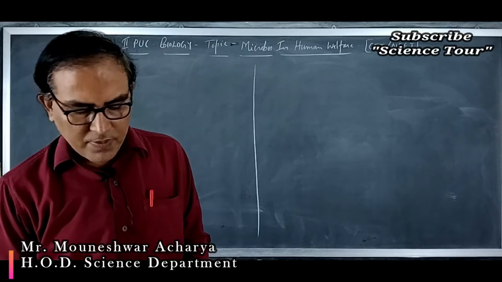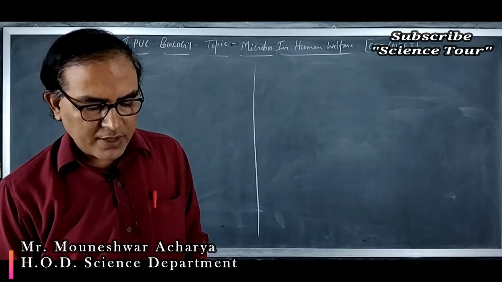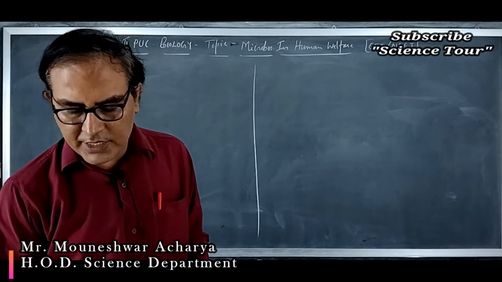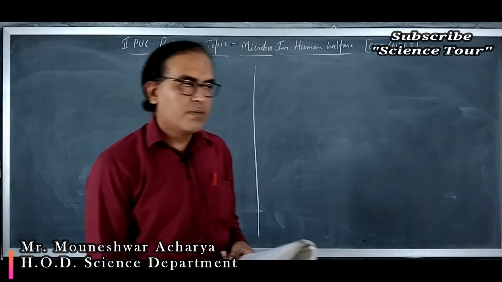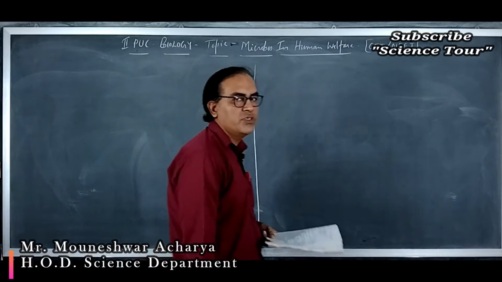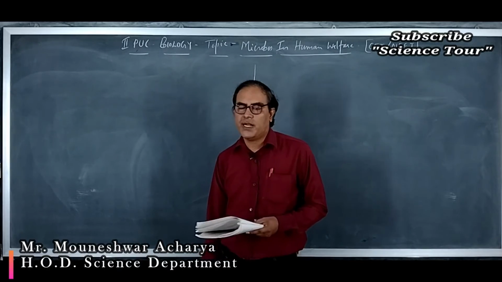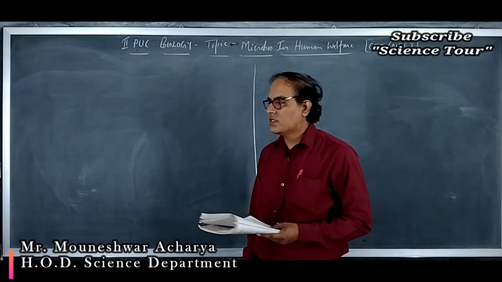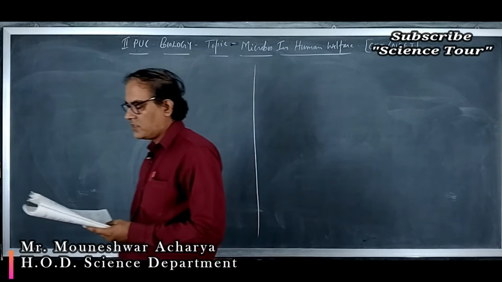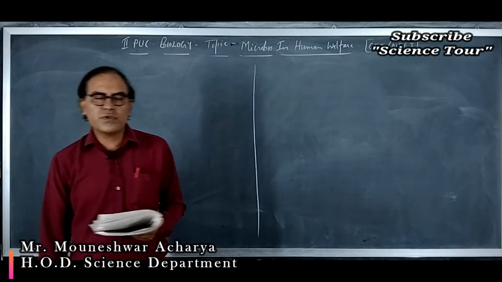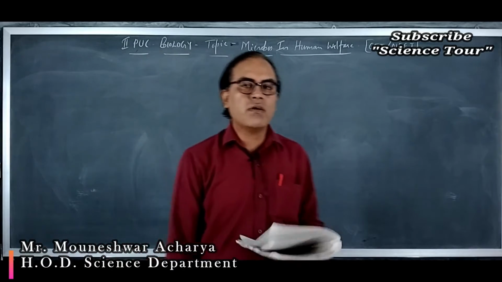Next, what about mycorrhiza? You already studied. It is nothing but the symbiotic association or mutualism between the roots of the higher vascular plants and the fungus, for example Glomus, which forms an association called arbuscular mycorrhizal fungi.